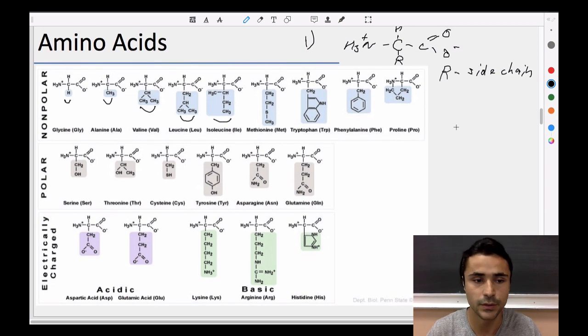So it's also useful to keep in mind that, for example, when we say a polar amino acid, such as serine, we don't necessarily mean that the entire amino acid is polar. What we're referring to is their side chain, okay? Otherwise, every single amino acid out of these 20 would be categorized as polar. And the reason has to do with the ends. So if you look at the ends, every one of them has polar ends.